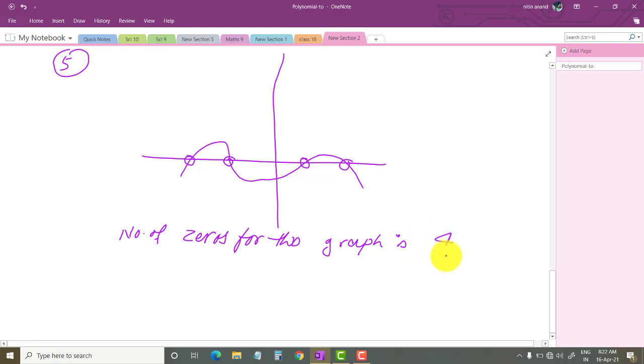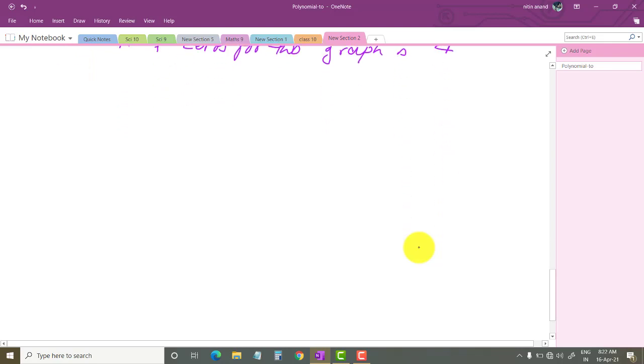That means it cuts the x-axis 4 times. So the number of zeros for this polynomial is 4.